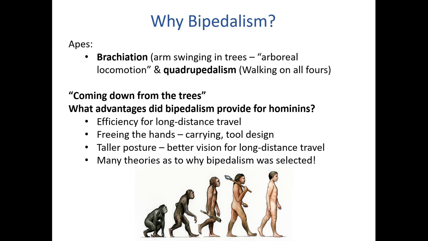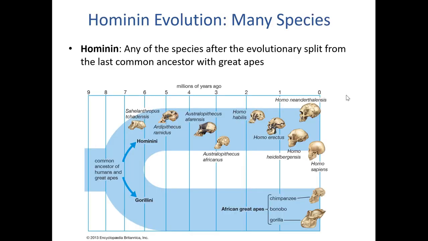So when we talk about hominins, what are we talking about? A hominin is basically any of the species after the evolutionary split from the last common ancestor with great apes. That's shown on this timeline here. Back around 8 million years ago is when we shared our last common ancestor between humans and the great apes.